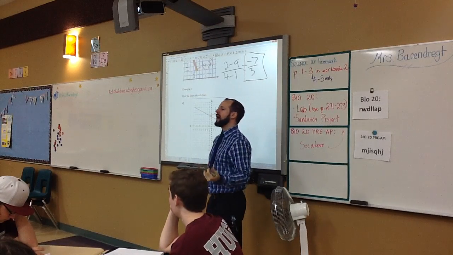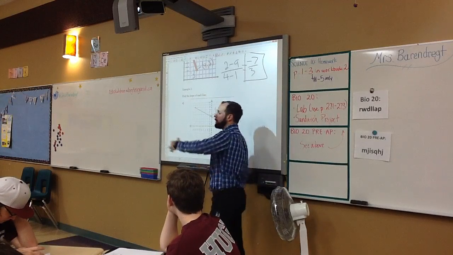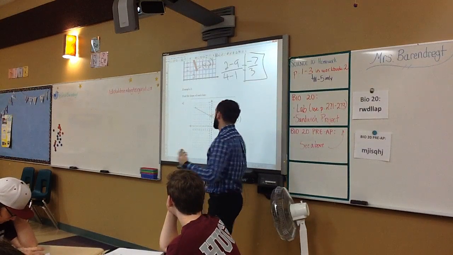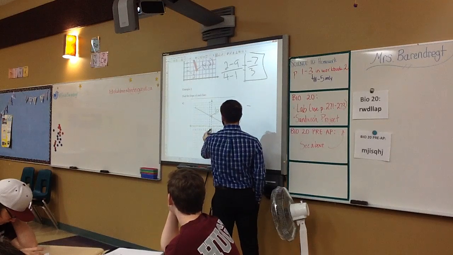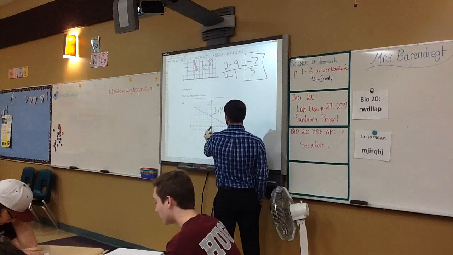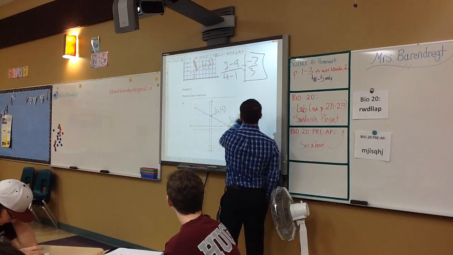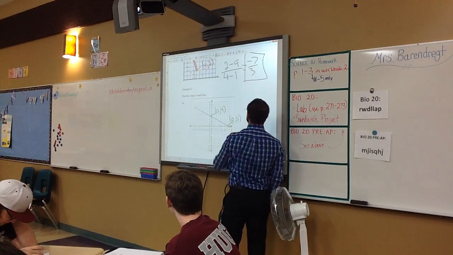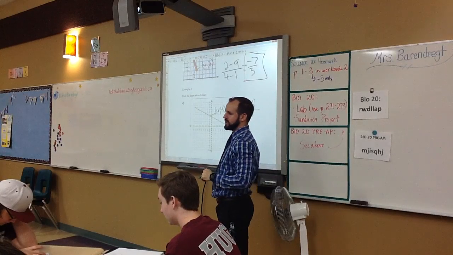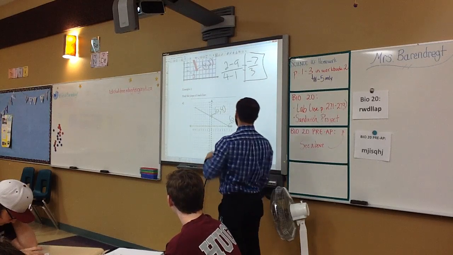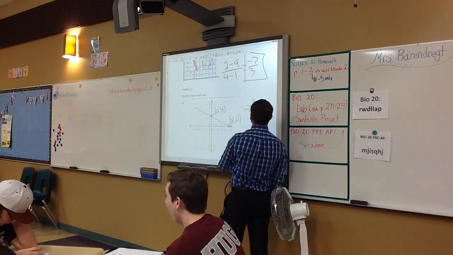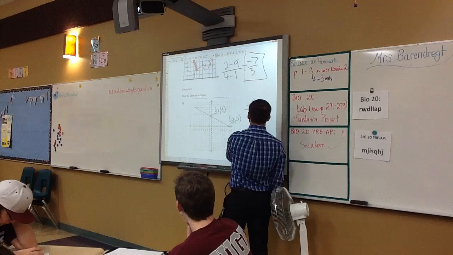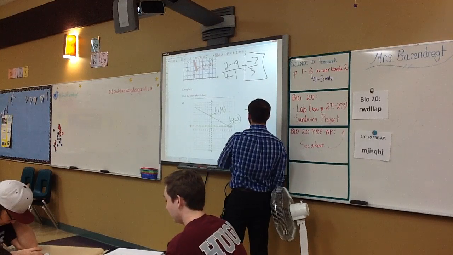If I use my rise over run, am I going up or am I going down? So right away, should I be putting a positive or a negative? Negative. I'm going down how far? 4. How far over am I going? 8. What is 4 over 8 as a reduced fraction? Negative 2 over 4, which also reduces to negative 1 over 2.